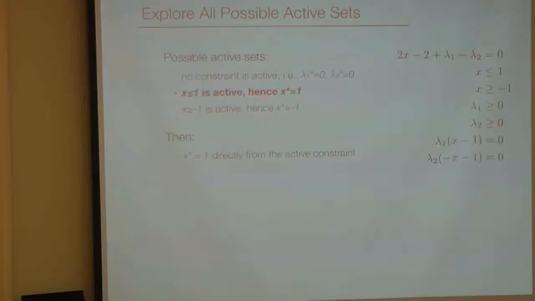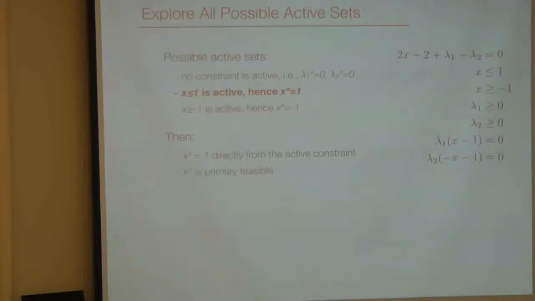We have to compute the lambdas. How can we compute them? How many lambdas do we need to compute? 2. To compute 2 variables, we need 2 equalities. So we are looking for 2 equalities which involve lambda 1 and lambda 2, which will allow us to compute the values.